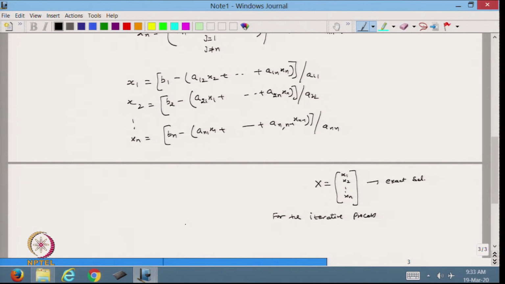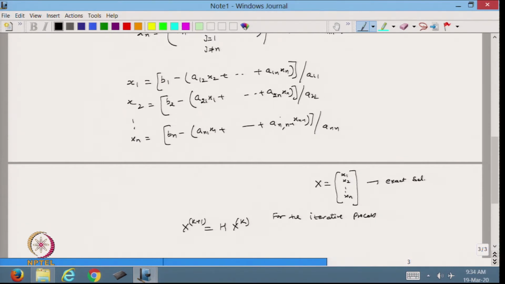I want my x(k+1) iteration to be equal to some matrix H times x(k). It means x(k) is the solution I am getting at the kth iteration.